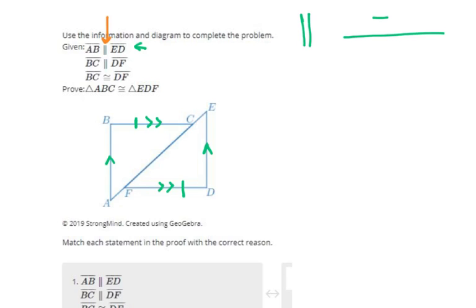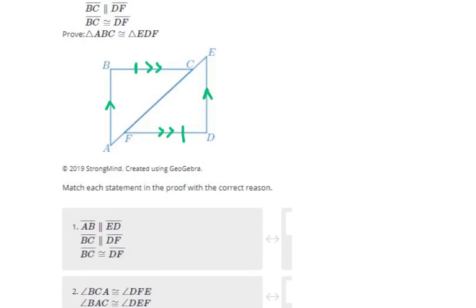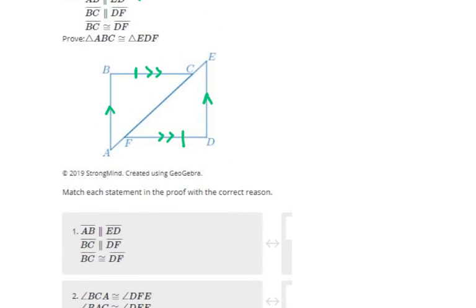I don't see anything about AC or EF, so let's look at the logic that they used. Because they said nothing about angles, I would assume we're looking for side, side, side. But I still don't see anything given that talks about how AC is the same as EF.